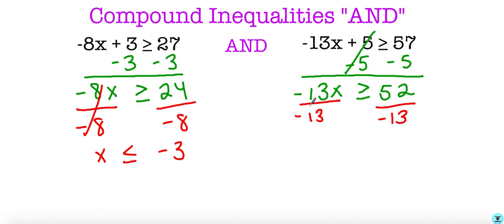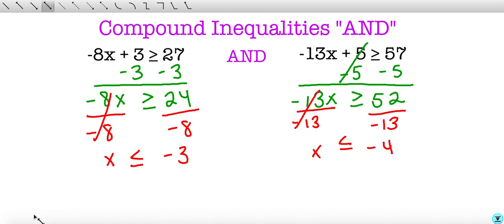Negative 13 cancels out. x is less than or equal to negative 4. And so here we have x is less than or equal to negative 3, and x is less than or equal to negative 4. And remember that our x value needs to be true for both, so let's see where they overlap.